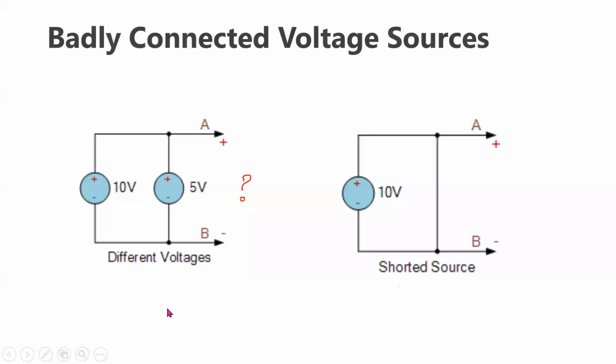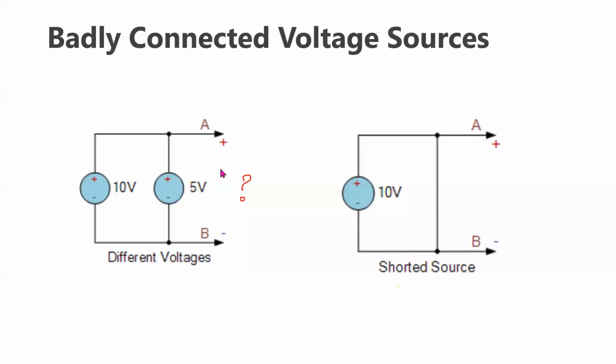Can you give me the result? In the previous cases, both are 10 volt. As a result, across A and B, we obtained 10 volt. In this case, 10 volt and 5 volt sources are connected in parallel.